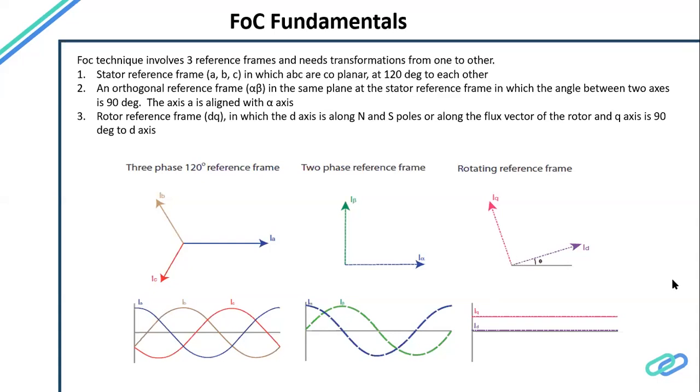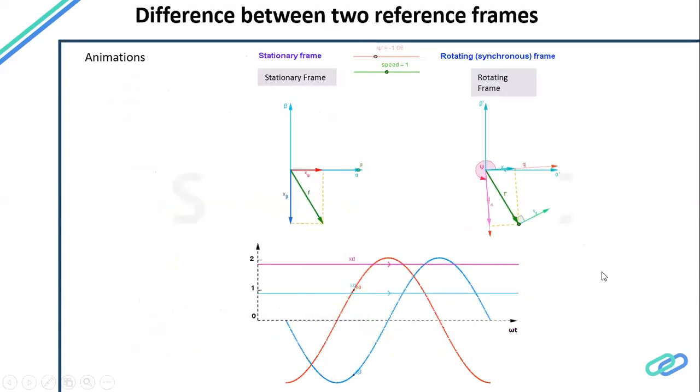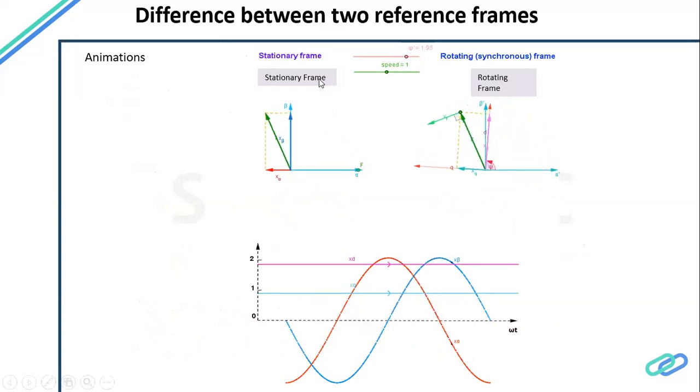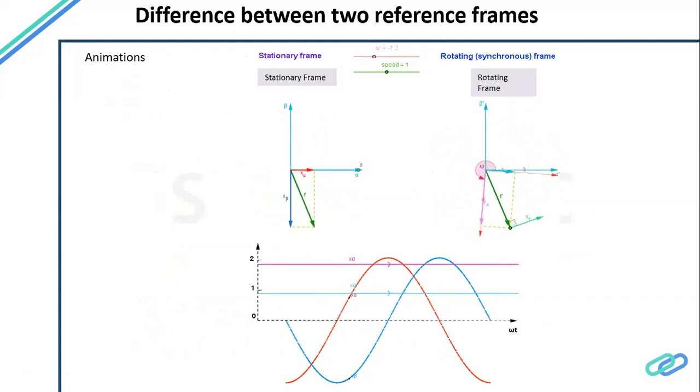So we can go from this nature to this particular nature, you can see here. This is a representation that if we look at this machine from the stator, it will look like a sinusoid.